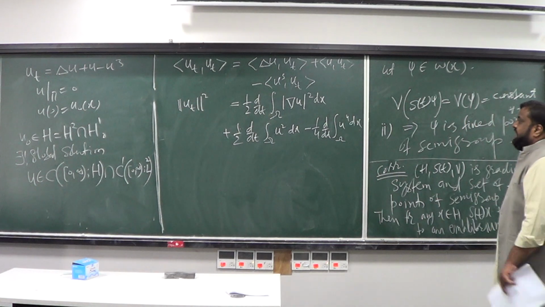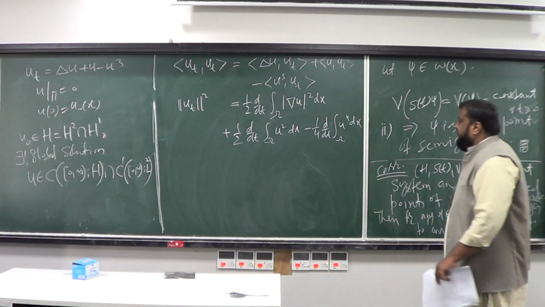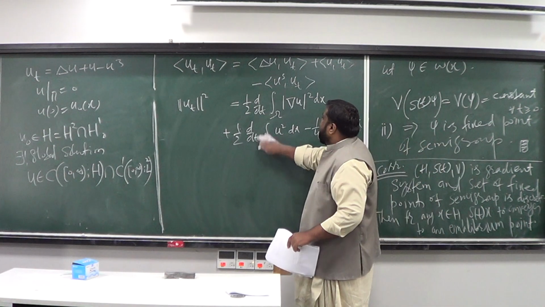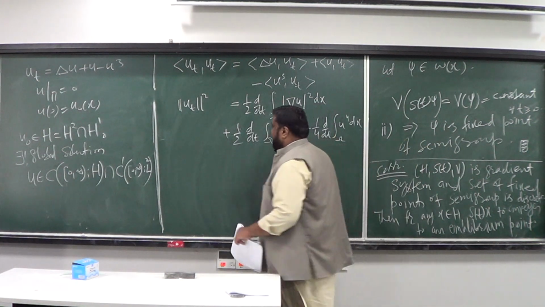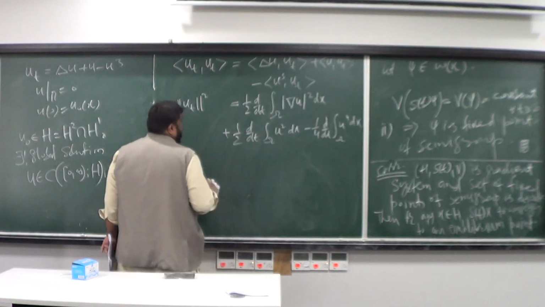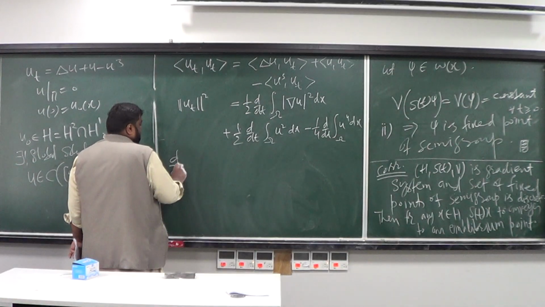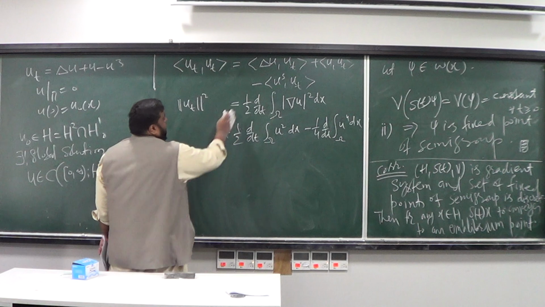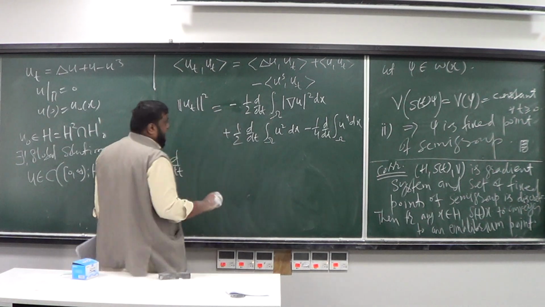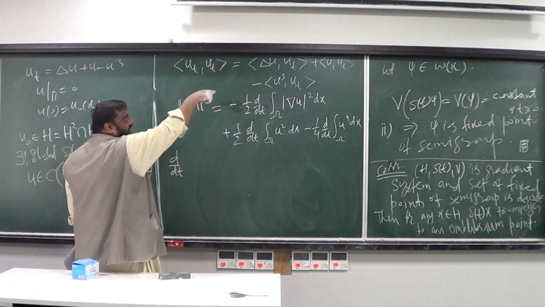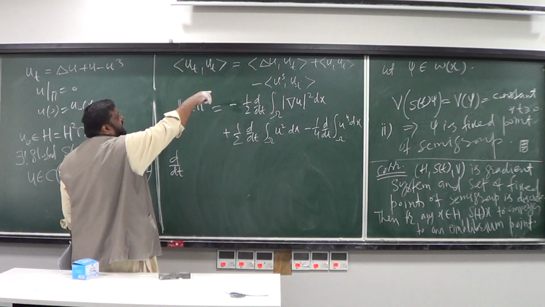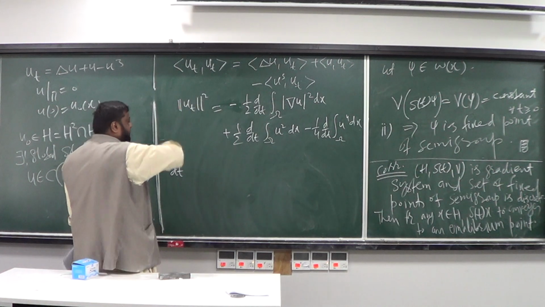So if I put it in more concrete terms, if I multiply both sides by minus and put all these together in a single term, then I can say that this is the same as d by dt. By the way, this would also be negative actually, because after applying the integration by parts, this will become negative gradient u gradient u.